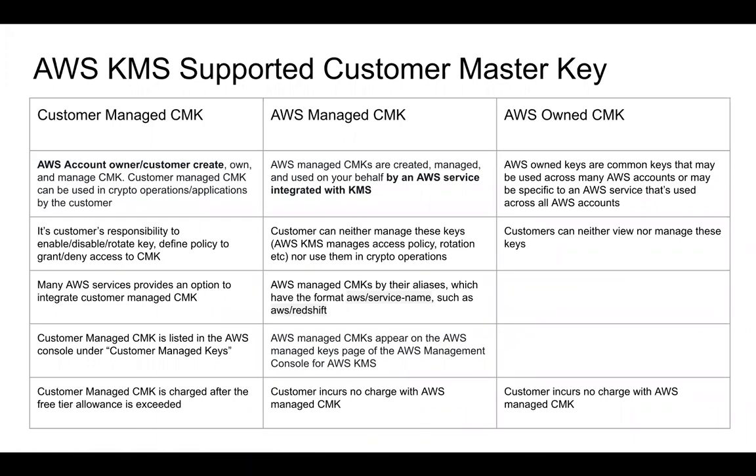So this table sort of summarizes the 3 types of CMK that we talked about earlier. As I said, when you create the CMK, you can say, hey, I want to create the CMK and I want to manage it, meaning that you take the responsibility of creating it and defining a policy to control who can access it, what they can do with it, and defining the key rotation policy and all those things.